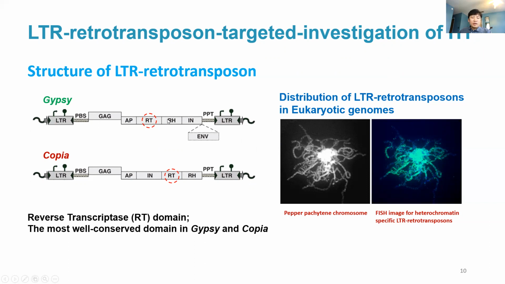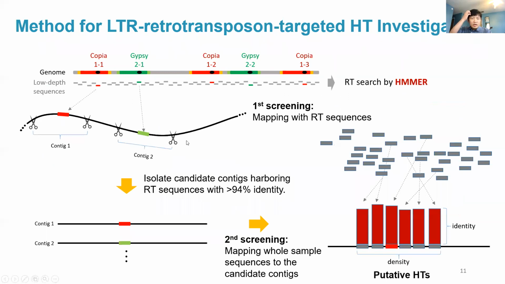Among the functional domains, the reverse transcriptase is the most well-conserved domain, and I used this domain in the LTR-retrotransposon targeted investigation of horizontal transfers. This slide shows the simplified version of LTR-retrotransposon targeted investigation.